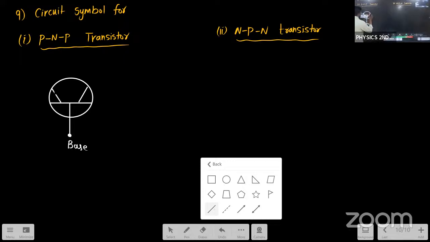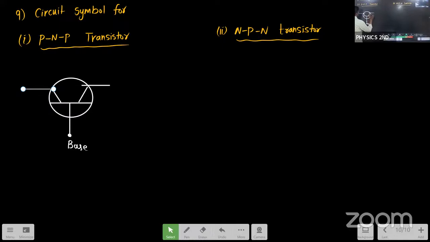One terminal is called the emitter terminal. The other terminal will be called the collector terminal. This terminal is called the emitter, and here I am writing collector.